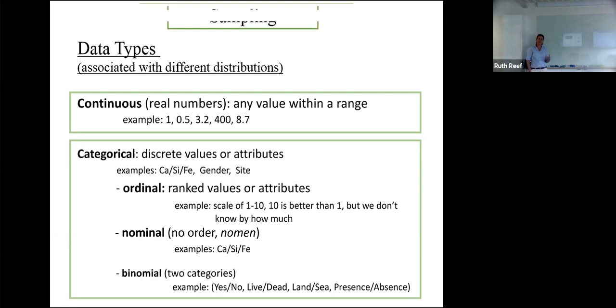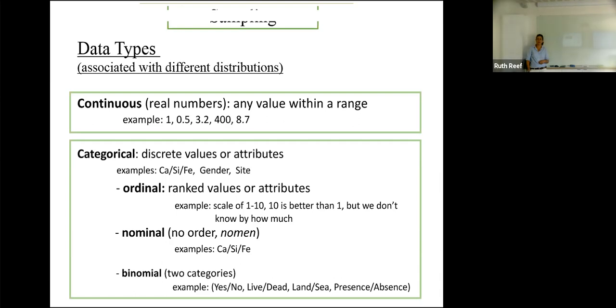We have categorical values that are just nominal. So I have calcium, magnesium. Calcium is not bigger than magnesium. It's just different names for things. These parameters that I'm measuring have something to do with the chemical composition of something. And then we have variables that are binomial.